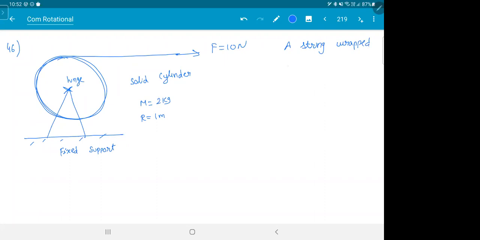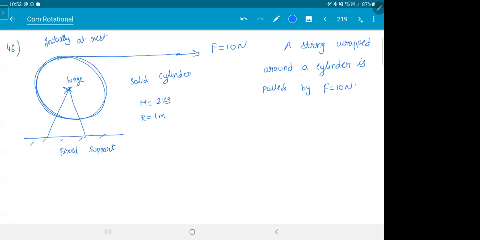A string is wrapped around the cylinder and is pulled tangentially by a force F of 10 newtons. Initially it is at rest. What happens? The cylinder will just rotate, right? It will not translate, isn't it? Because it is fixed at the support. Can you visualize?